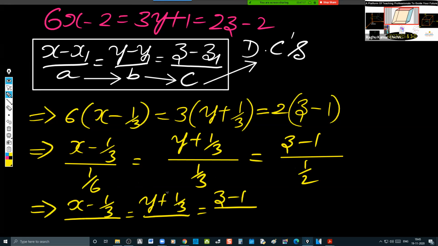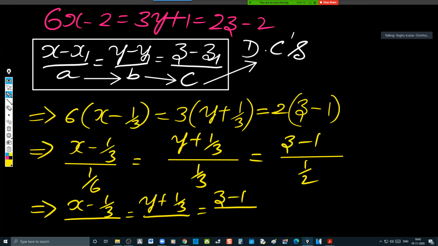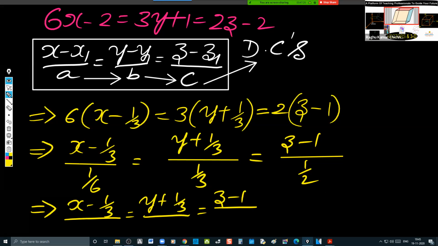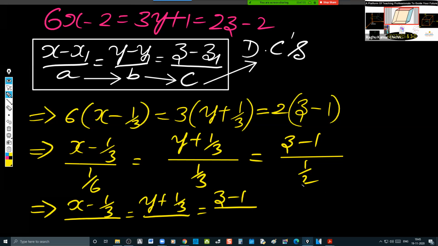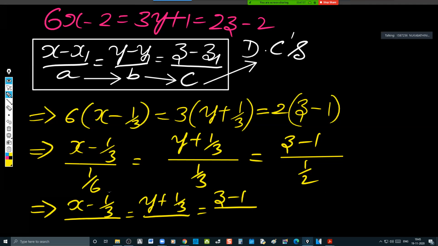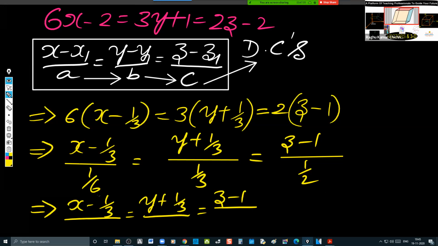The LCM of 6, 3, 2 is 6. No, it's 6, so multiply with 6, then you will get 1, 2, 3.